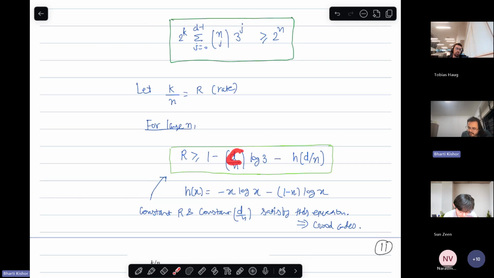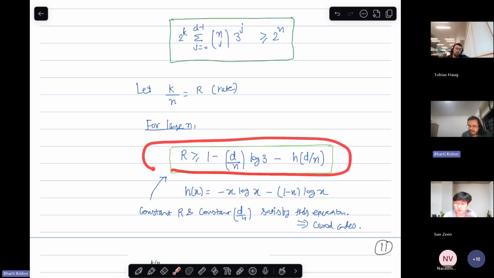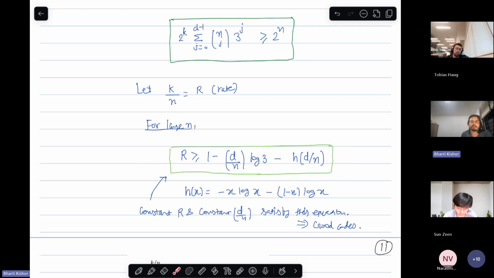You can put some constant d/n here and the bound is still satisfied. So for constant r and constant d/n satisfying this equation, the codes with constant encoding rate and constant distance rate are called good codes. So the Gilbert-Varshamov bound guarantees the existence of good codes.